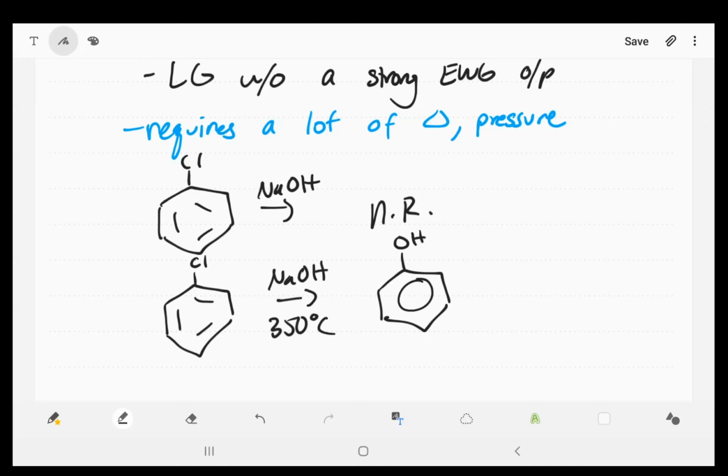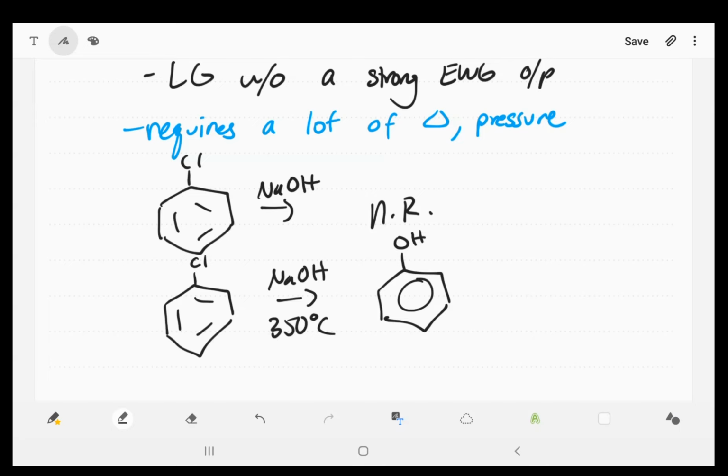But you see here the conditions are quite inhospitable. 350 degrees, that's quite hot, right? We're talking hotter than most gas ovens can go. What is that, like 800 some odd Fahrenheit?